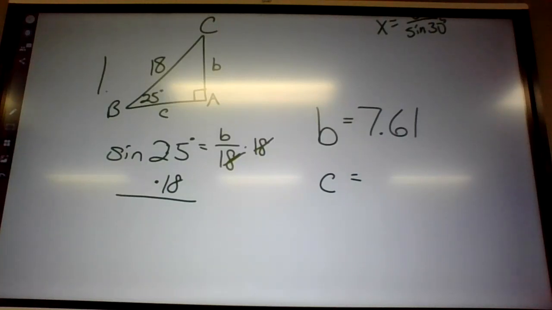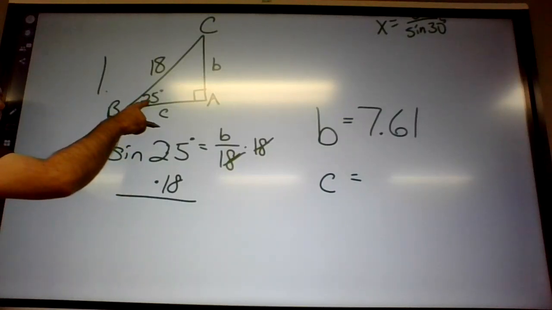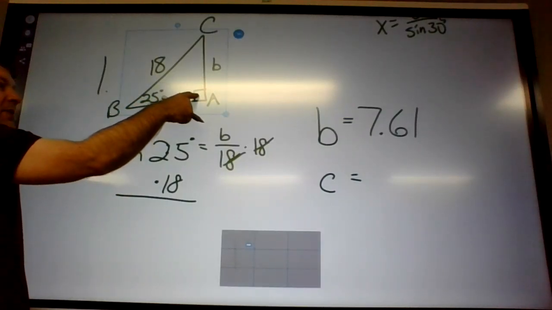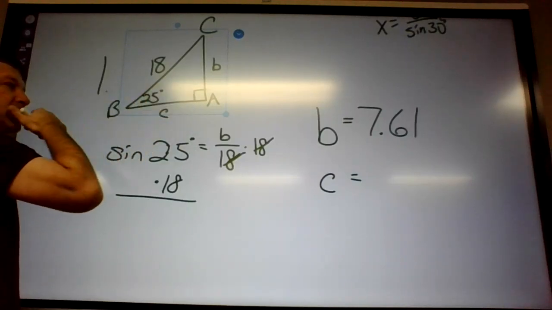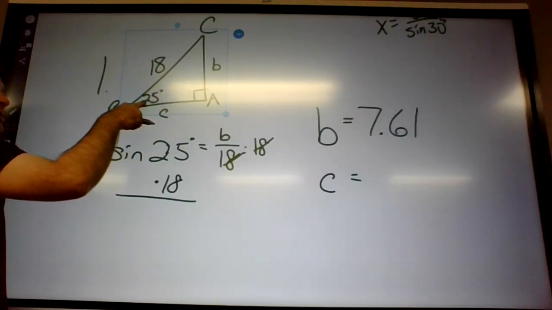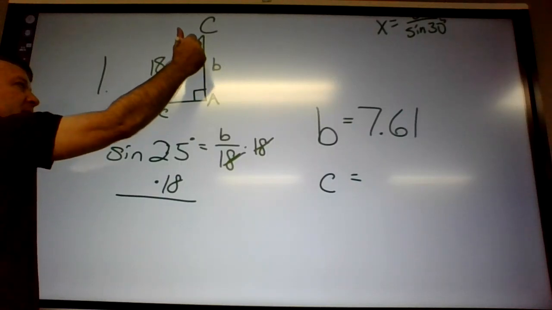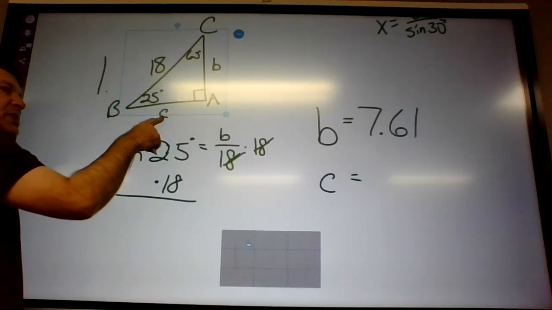Okay, and then we also need side C. So relative to this angle, side C is the, by the way, you cannot use a 90-degree angle to do this. Yeah, you can only use these acute angles. We could use angle C, which is like 65, but relative to this angle, C is the what side?